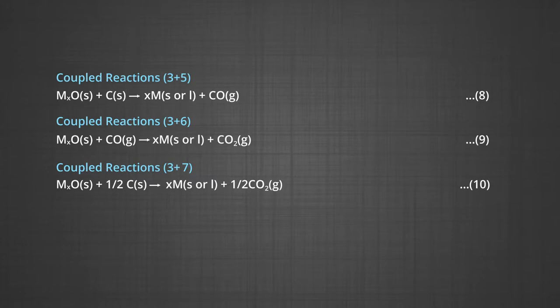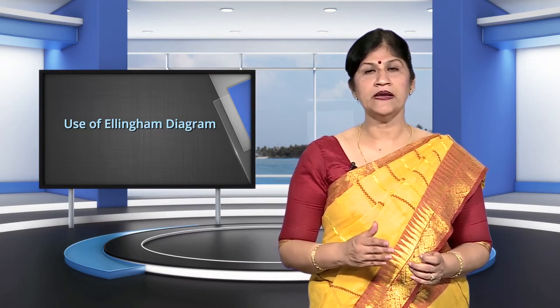These reactions describe the actual reduction of the metal oxide that we want to accomplish. The delta G naught formation value for these reactions in general can be obtained by similar subtraction of the corresponding delta G naught formation values.